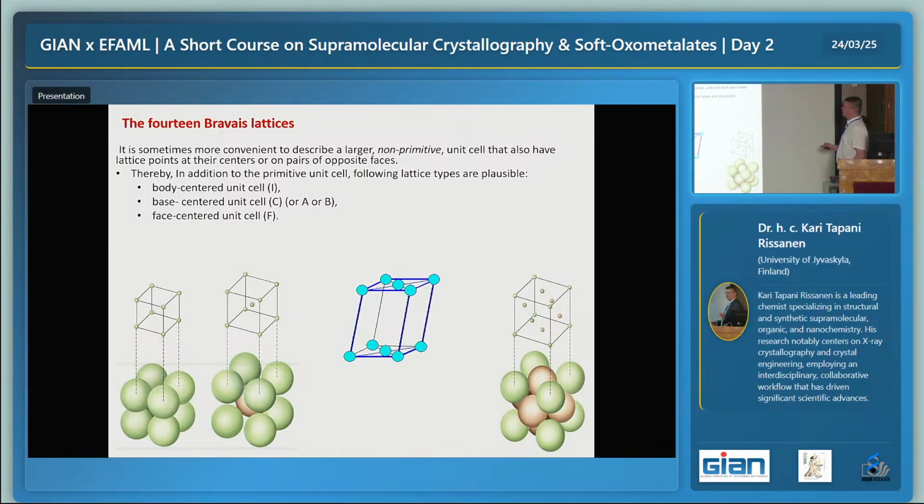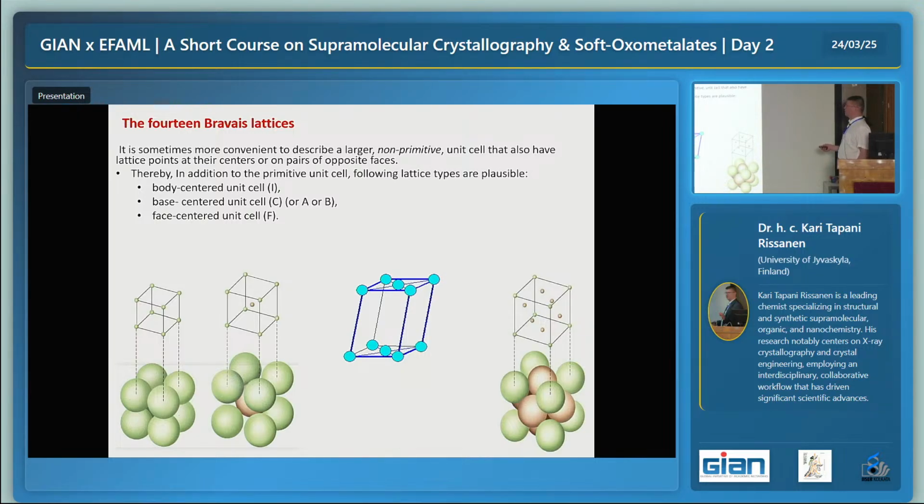Depending on that, it could be C, A, or B, but now it becomes a convention, because these choices are all the same, so for the sake of consistency, somebody 100 years ago proposed that you always use the C for this. We call it a C-centered cell.